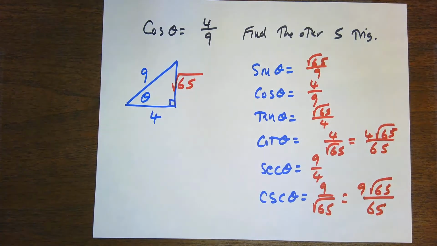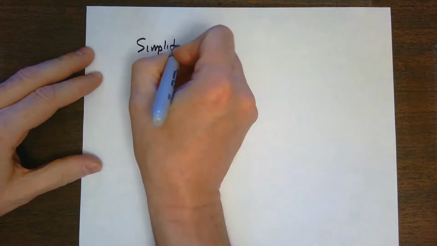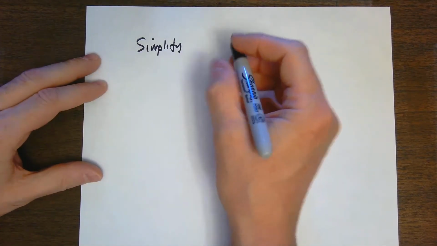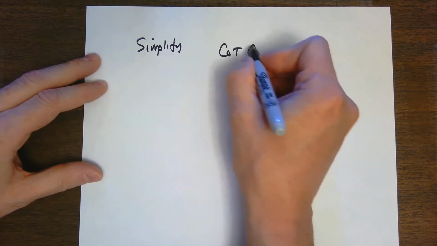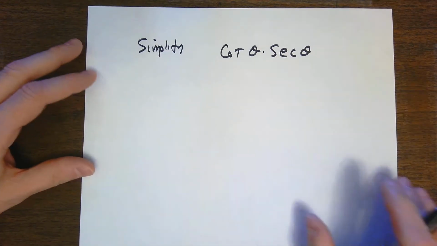The other thing that 6J throws at you is simplifying some expressions, rewriting them. For example, if I wanted to simplify cotangent theta times secant theta.